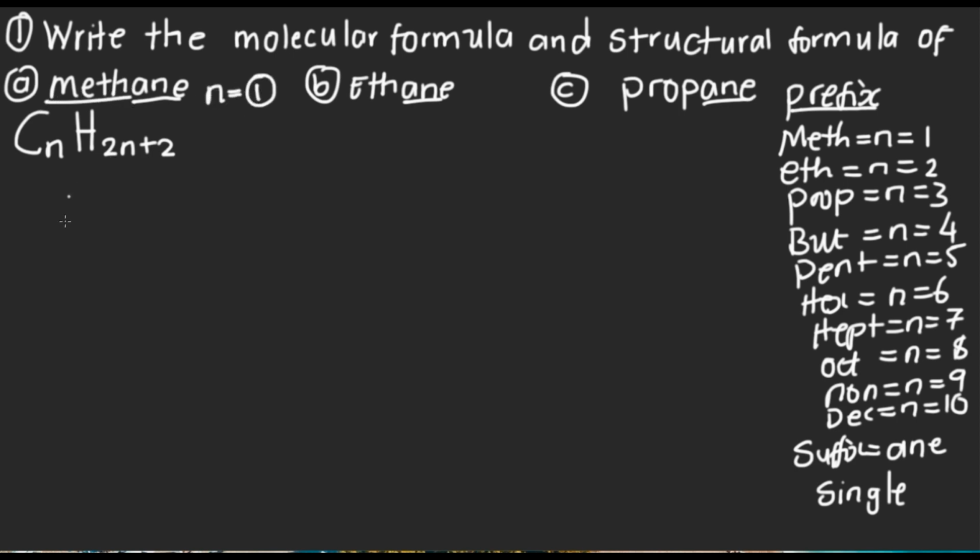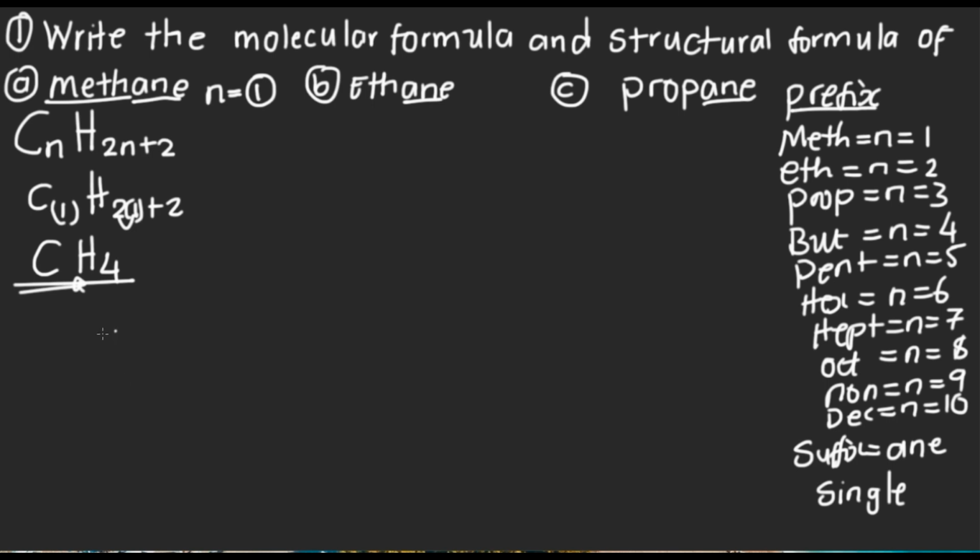So where there is n, we put 1. Then we say 2 times 1 plus 2. So C times 1 is C, then 2 times 1 is 2, plus 2 is 4. So this is the molecular formula for methane, CH4. That's how the formula comes into existence.